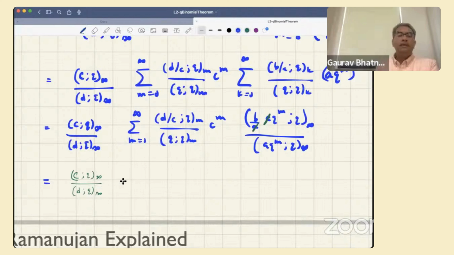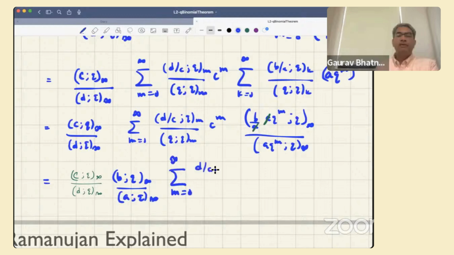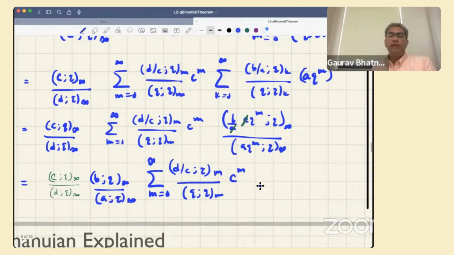And you multiply and divide by (a;q) infinity. When I write the whole thing, you'll know what's happening. Sum over m equal to 0 to infinity, (d over c;q)_m over (q;q)_m, c to the m, and at the bottom (b;q)_m, and at the top (a;q)_m.